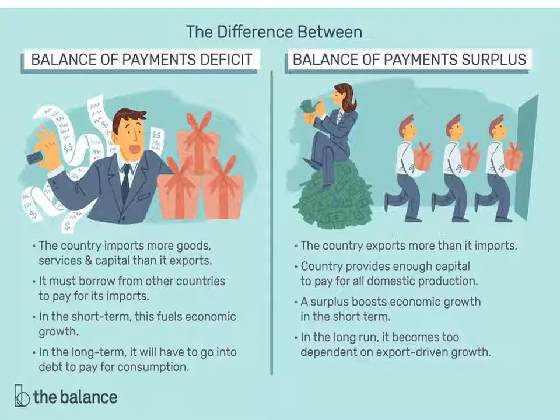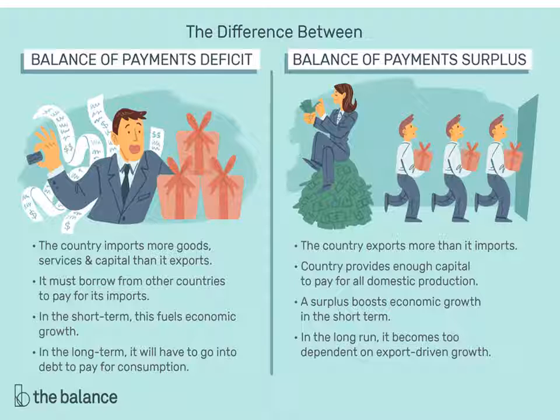So you find that these countries tend to take loans to try to help recover and pay for some of the expenses. In the short term, you may see some economic growth because you're spending and goods are being available. But in the long term, it will lead to more debt for that country.